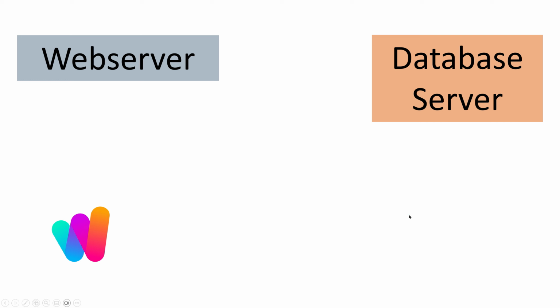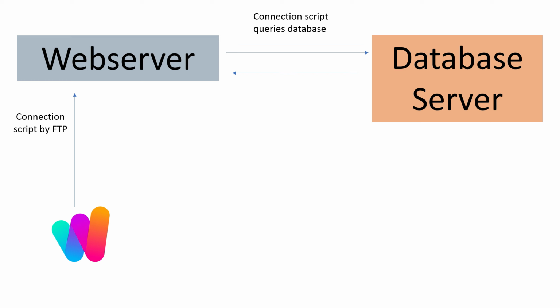So normally with Wappler, you'll have a connection script that uploads a file to the web server, which will then send a query to the database, which will then return the data to your web server, which in turn is returned to our application, our web app, as a JSON response.